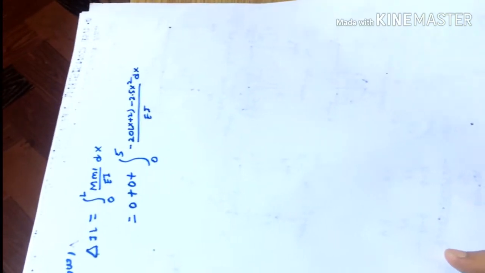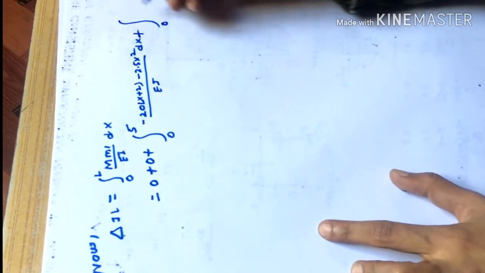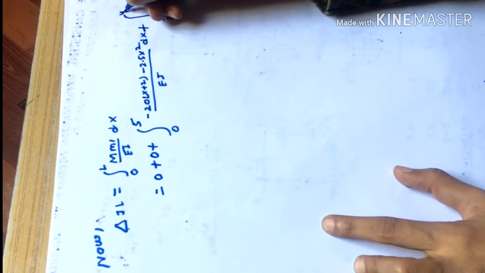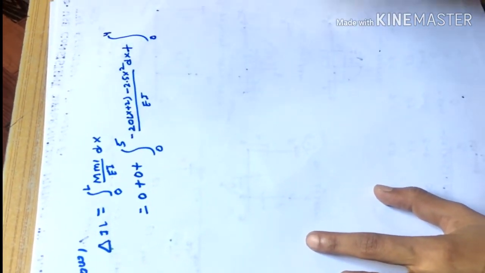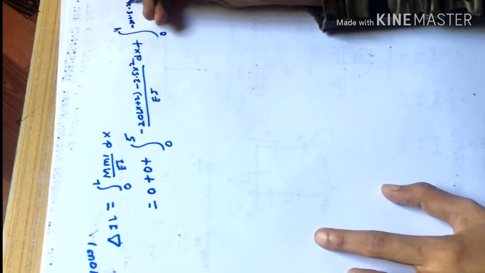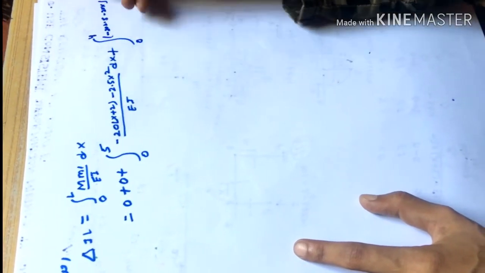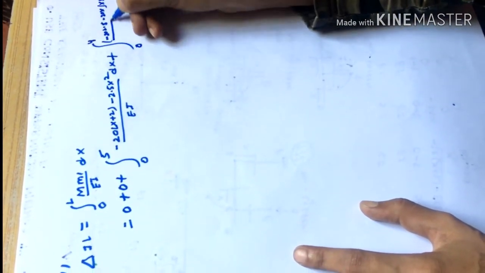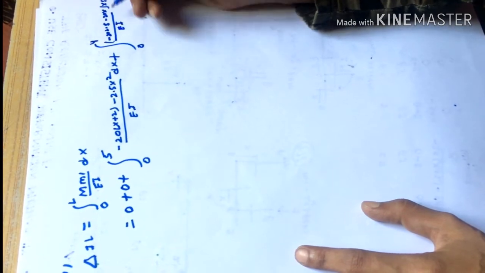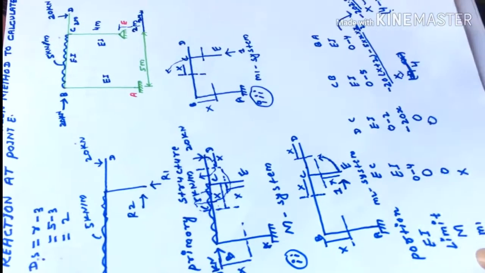So let us add: the limit is 0 to 4, and our moment in the table we can see is 202.5 minus 20x, into 5, divided by EI dx. In the table we can see.